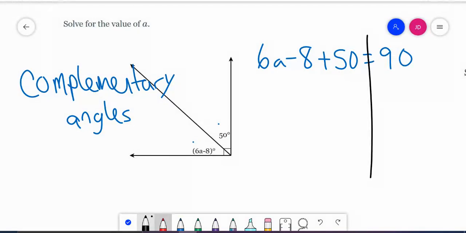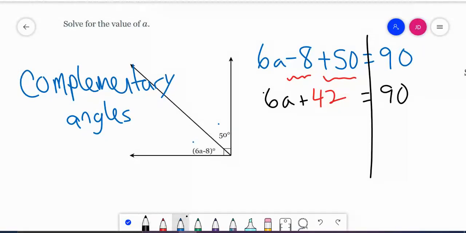All right, combine like terms, negative 8 and positive 50 is positive 42. Bring everything else down. Minus 42 from both sides. And you get 6a is 48.